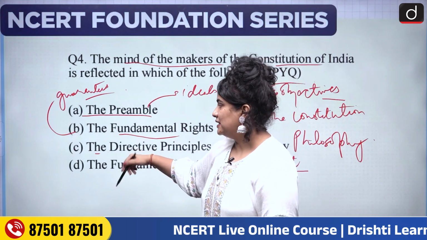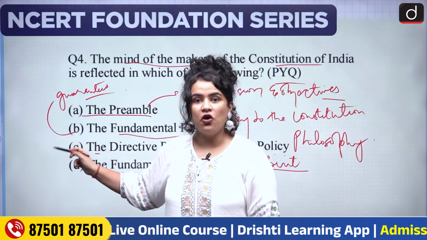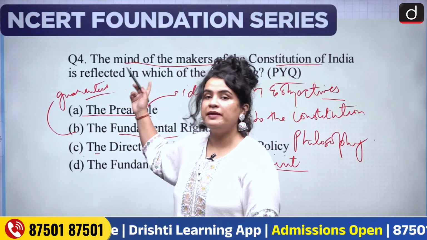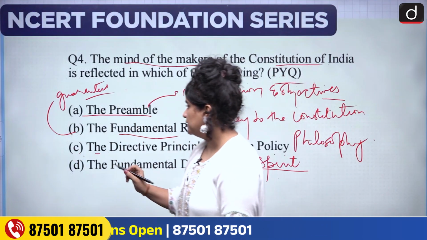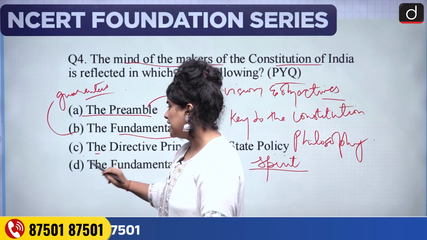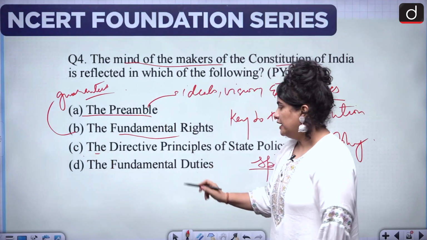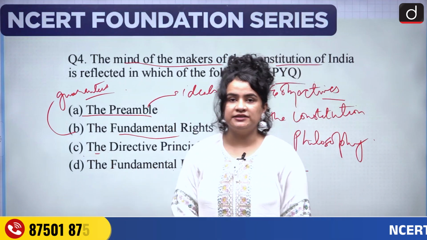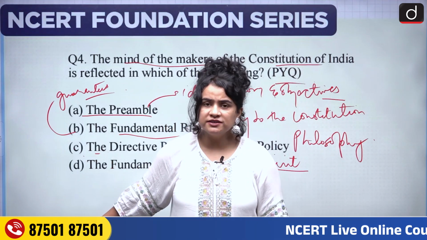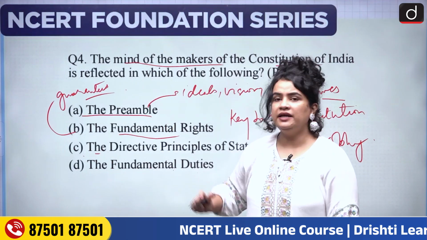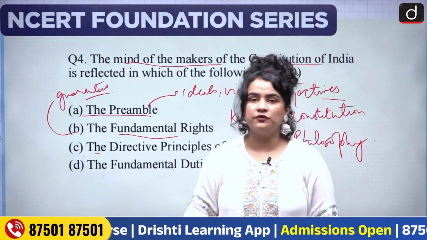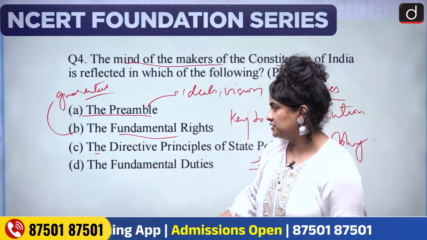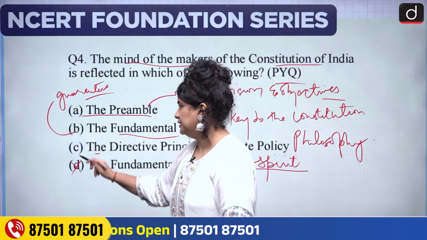So while this is desirable, it is not absolutely, fundamentally reflective of the Constitution makers' objectives. And D, the fundamental duties. Now this again was added much later by an amendment to our Constitution. So how can something that was added later be reflective of the vision of the founding fathers of our Constitution? So you can easily eliminate this.